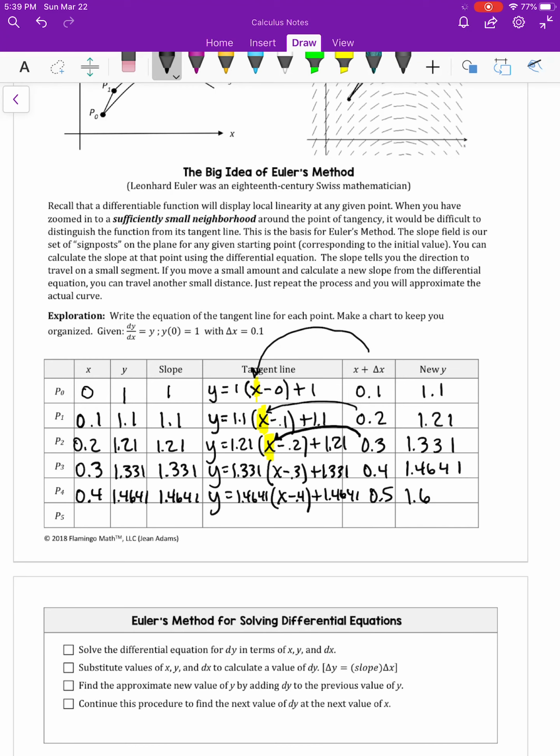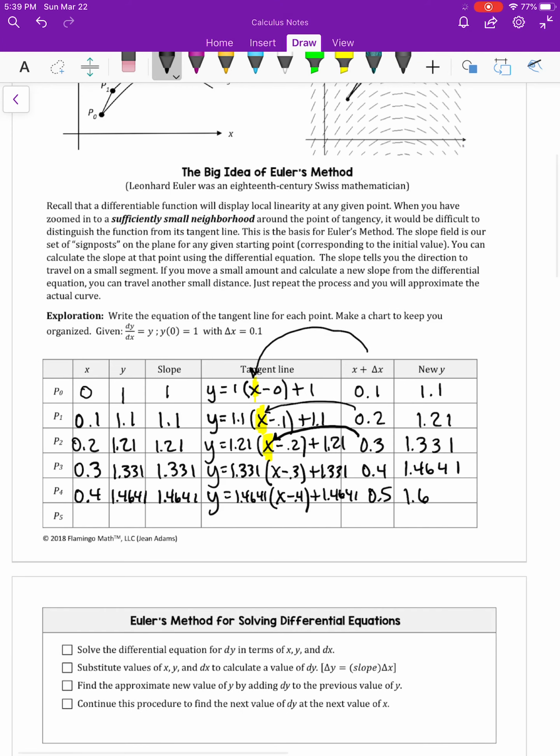And then putting my 0.5 in to calculate my y value estimate at 0.5. And here's our last equation of our tangent.